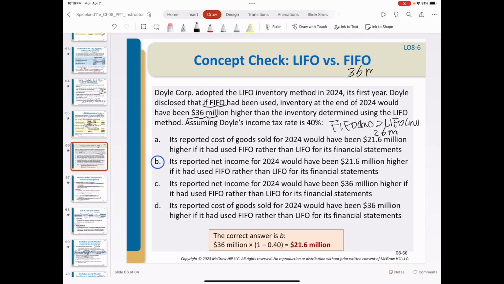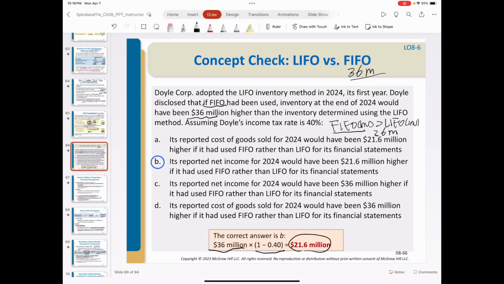The difference is $36 million. The lower cost of goods sold will result in higher income before tax. The difference is still 36. So for the impact on earnings, we need to multiply by 1 minus the effective tax rate. So the net impact will be 21.6.